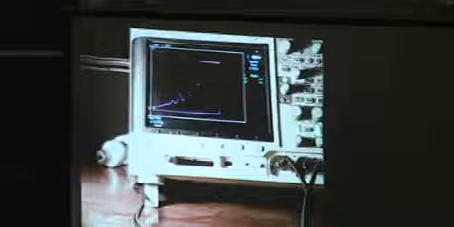Now here you can actually see the Franck-Hertz curve. So now what we're seeing here is this axis is the voltage axis.